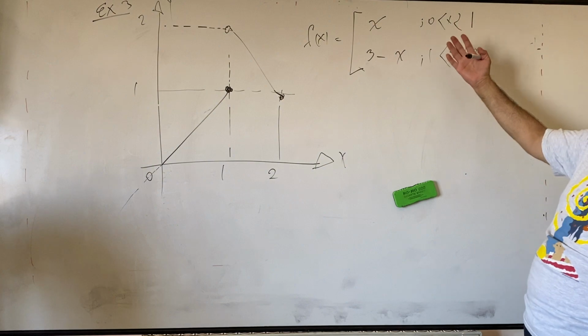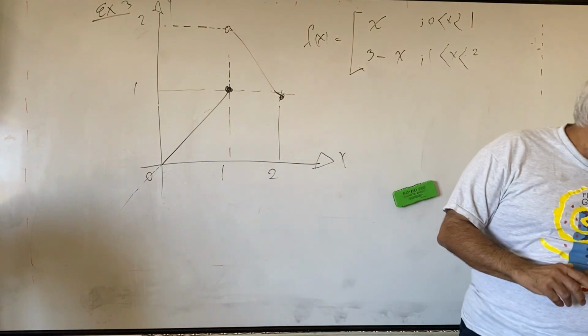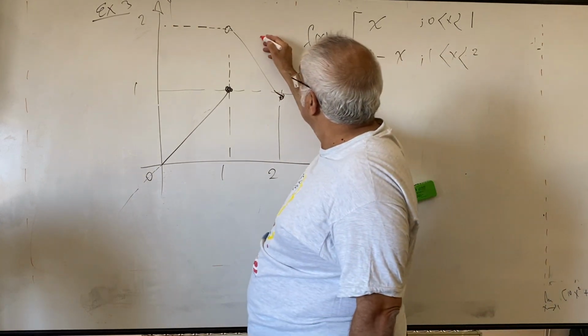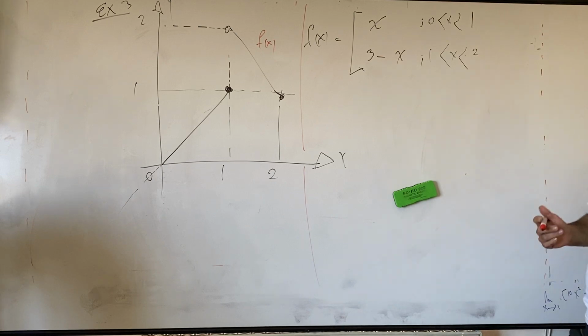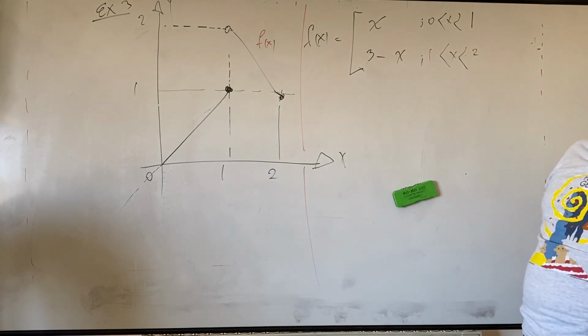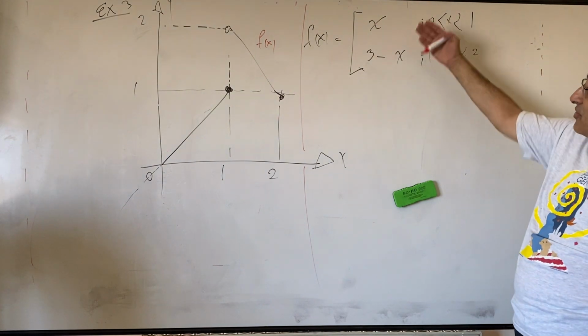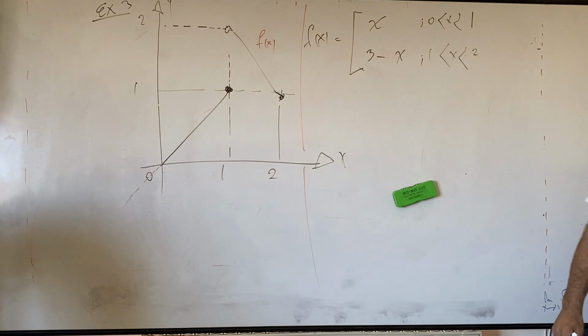I will be giving you this function, which we're going to call f of x, as a sketch. Or instead of giving you the sketch, I'm going to give it to you in the form of 2 parts, or maybe 3, or maybe 4 parts. All right? So what possibly could I ask you?